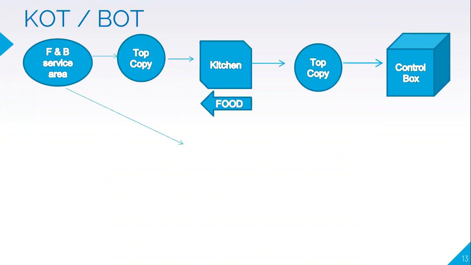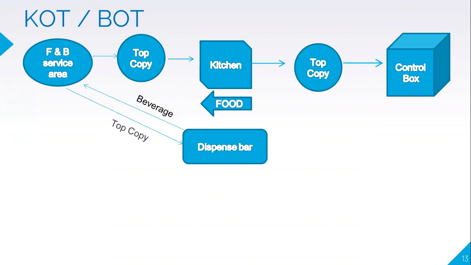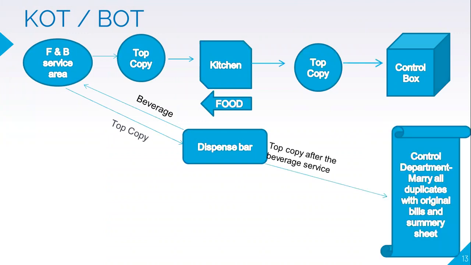Now when we have a beverage order from the restaurant, BOT is going to come to the dispense bar. In return, beverages are going to be served. The top copy of the BOT is going to be sent to the control department.